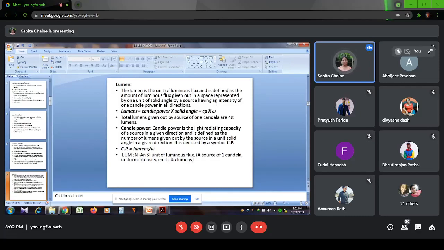The intensity is candela power, and the luminous flux is lumen. So a source producing 1 candela power will produce 1 lumen when the solid angle is 1. Clear?